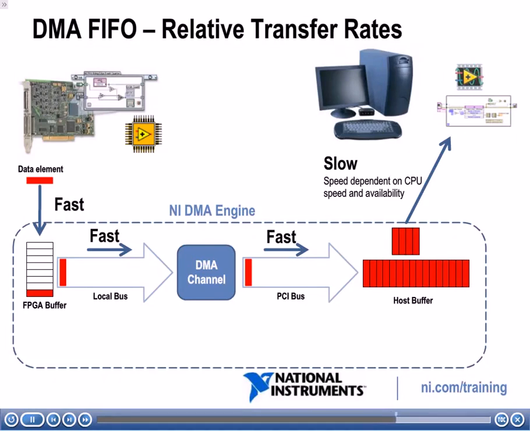The slow part is going to be when you're trying to read that data from the host buffer into your host VI. The reason for that is now you're relying on the CPU for that process. This is why you see that the host VI is actually reading multiple elements at a time from the host buffer to try to increase that speed.